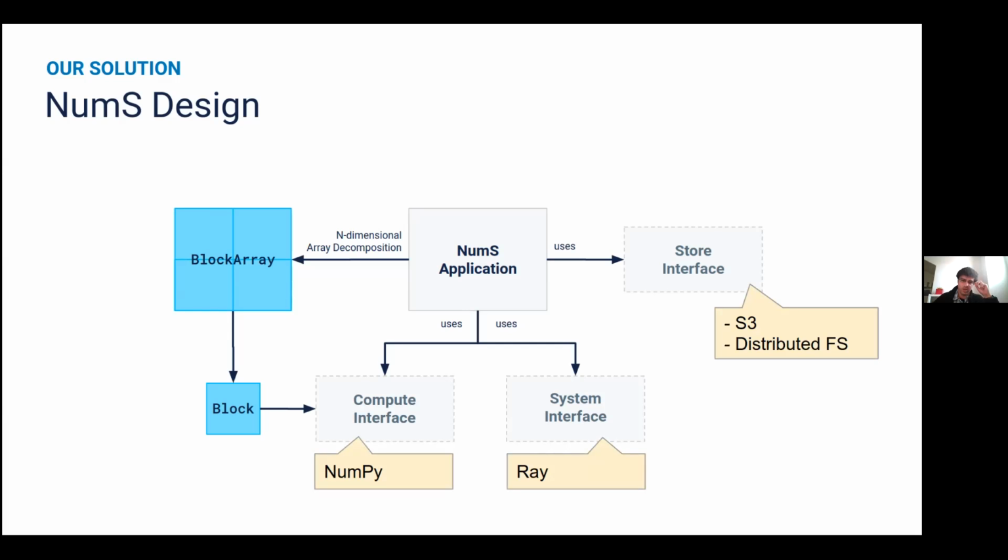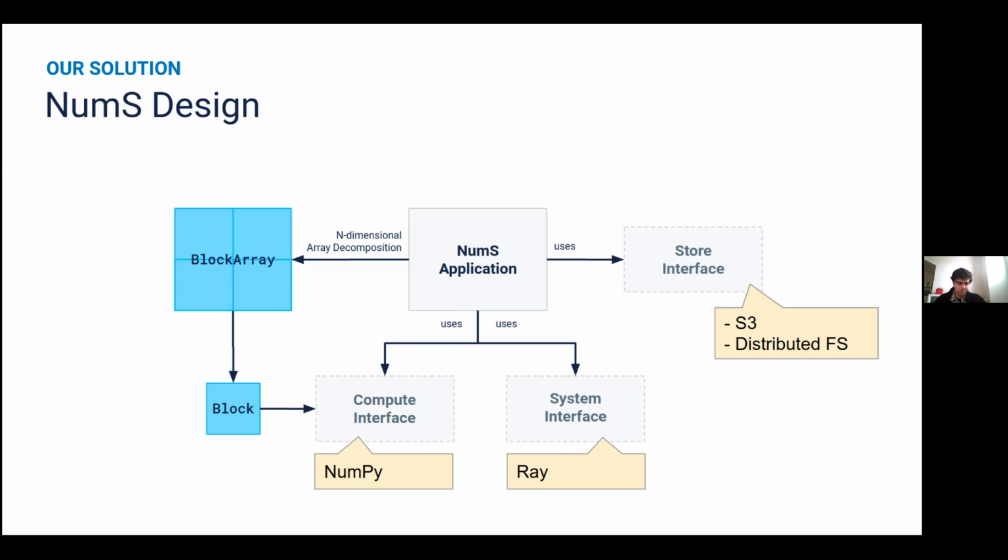The point here is that we've focused on decoupling the system, compute, and store interfaces from the core NumS application, so that in the future, as things change or if requirements change, we can try out different system interfaces. One example is that we've recently implemented a GPU system interface that can perform basically the same set of NumS application operations extremely fast.